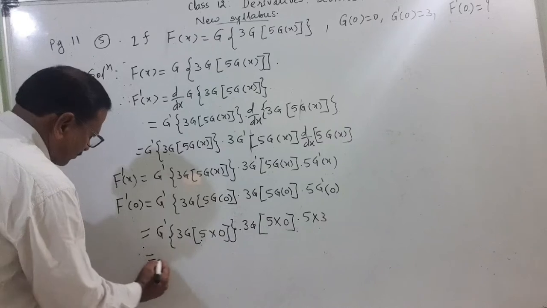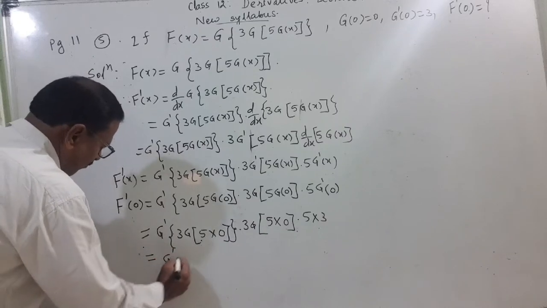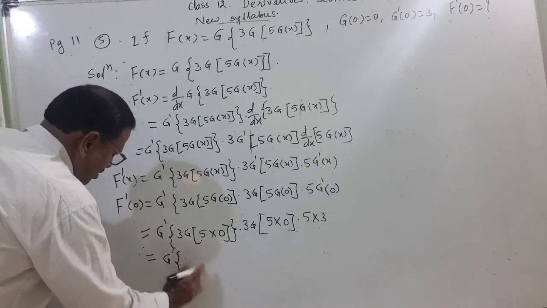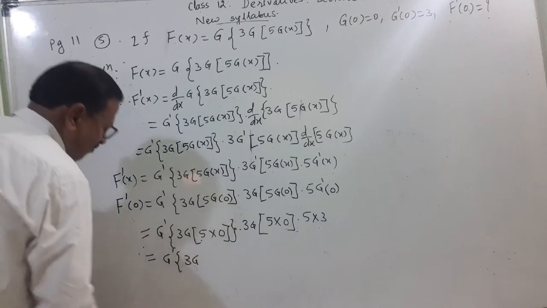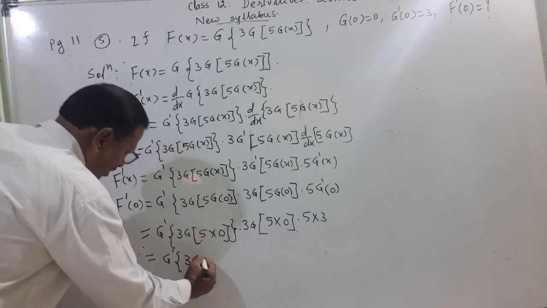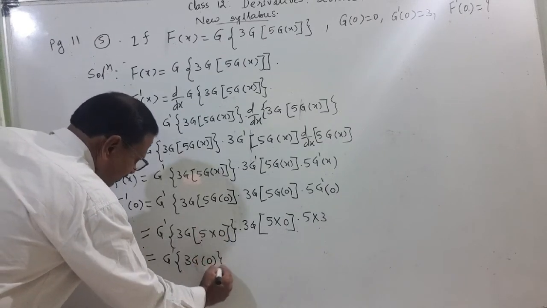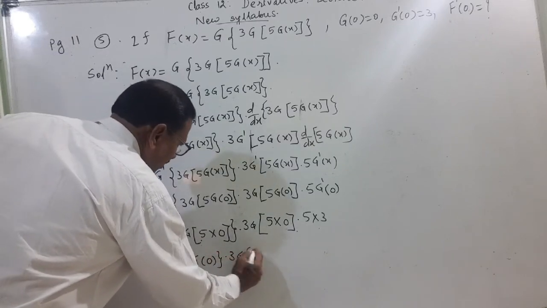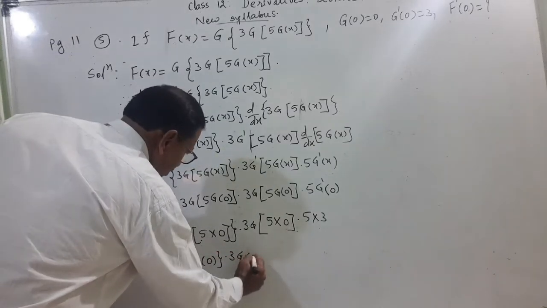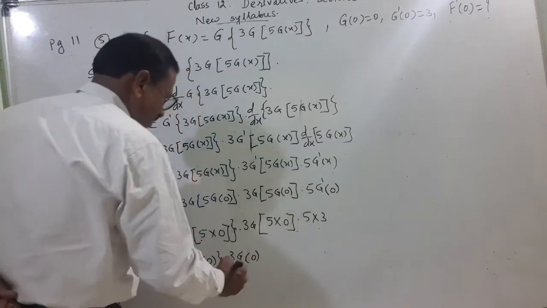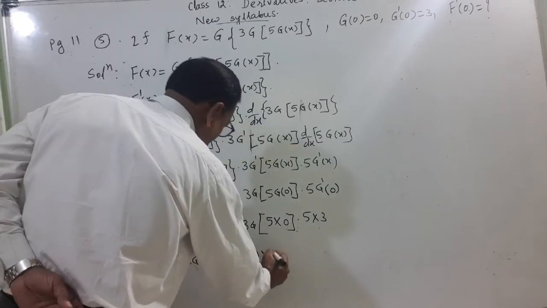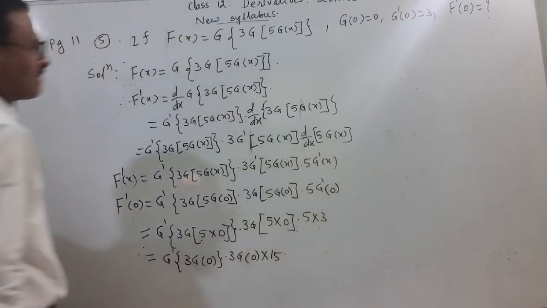That is equal to g dash of 3g of 5 into 0 is 0, into 3g of 5 into 0 is 0, into 5, 3 the 15.